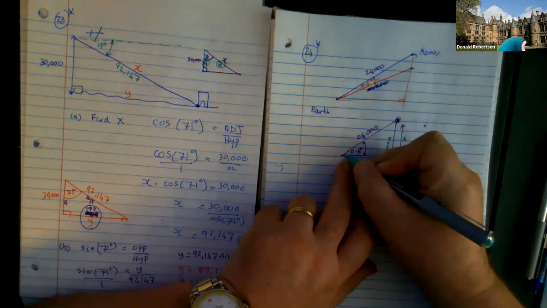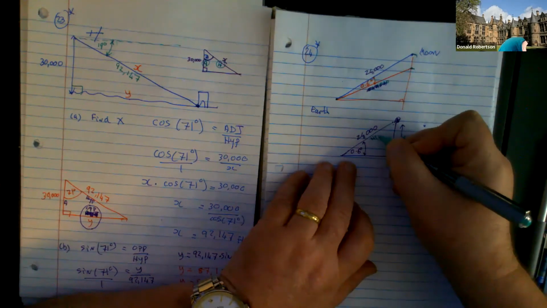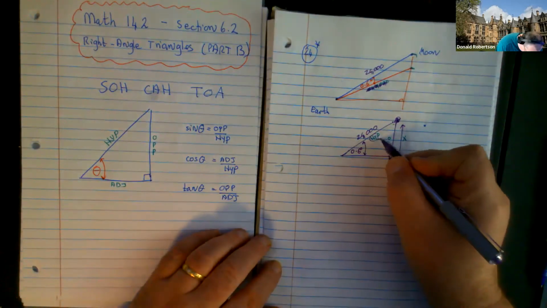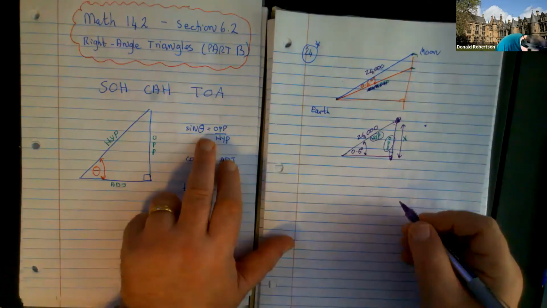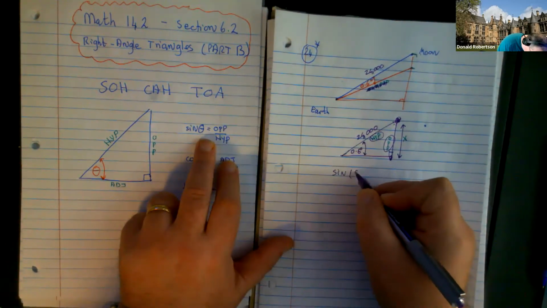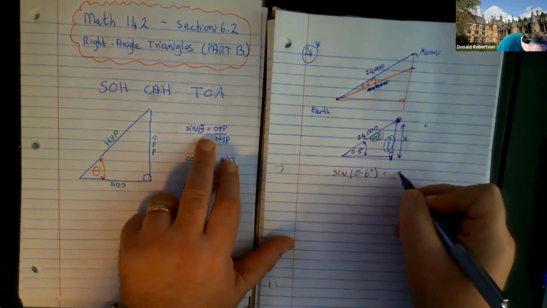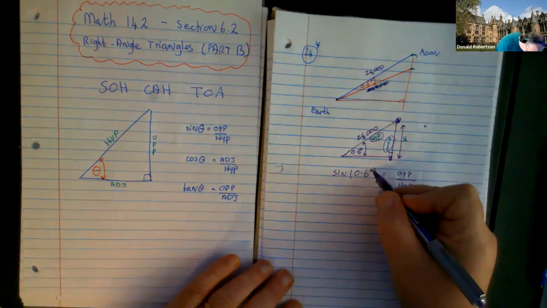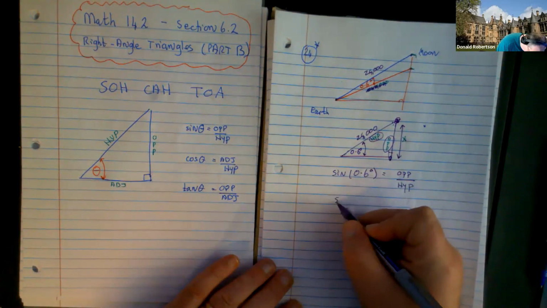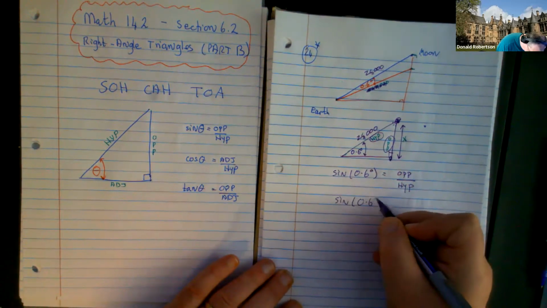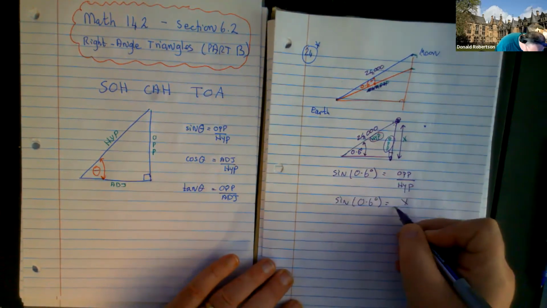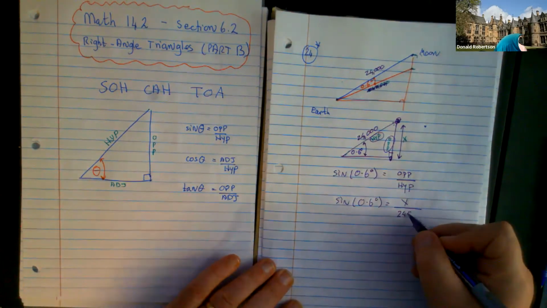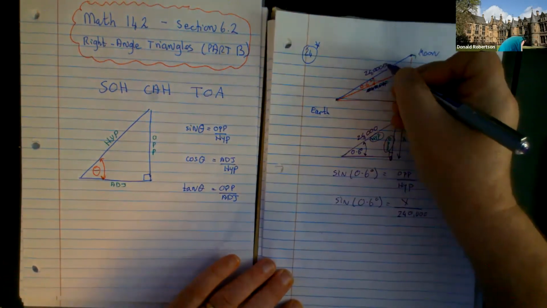And the distance to the moon is the hypotenuse. And that means that I can now use the one that uses that combination, which is the sine. So the sine of 0.6 degrees is the opposite over the hypotenuse. The sine of 0.6 degrees is x over 240,000. It's not 24, it's 240,000. Okay, fix that.